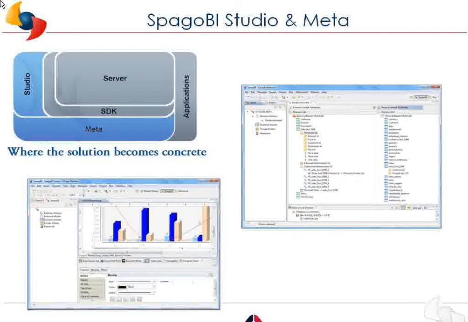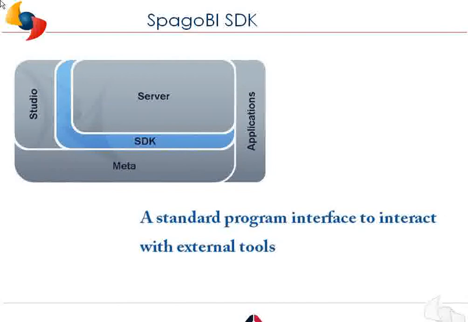In the studio and meta, we find the environment where the solution becomes concrete, in the sense that data managers and BI developers have the tools in order to build the analytical documents and then to deploy them in the server for all the users to access and use. This is an application based on the Eclipse IDE, a well-known and widely used integrated development environment.